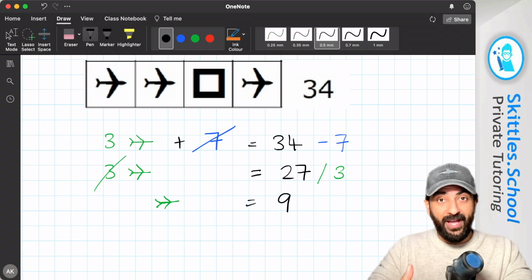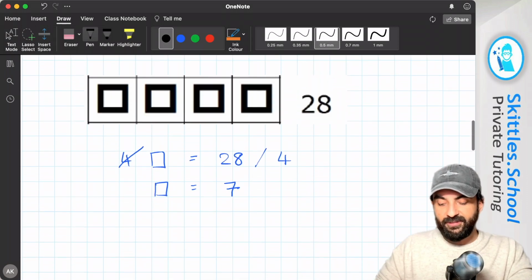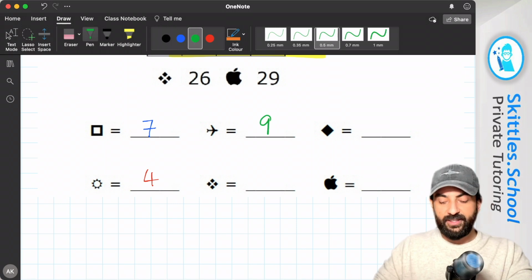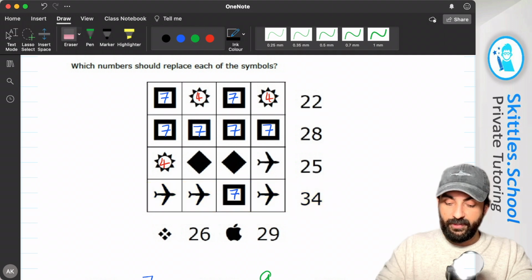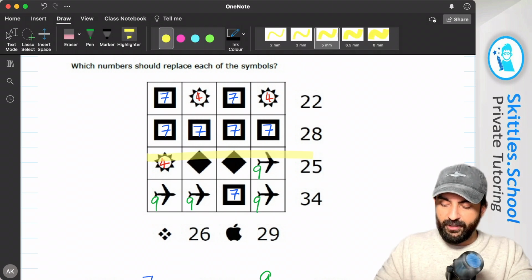So now we know the value of an aeroplane. So let's put that into our answer. An aeroplane is 9. And again, we can put this onto the grid. So each one of these aeroplanes is 9. And we've got another row left, so let's take a look at it.